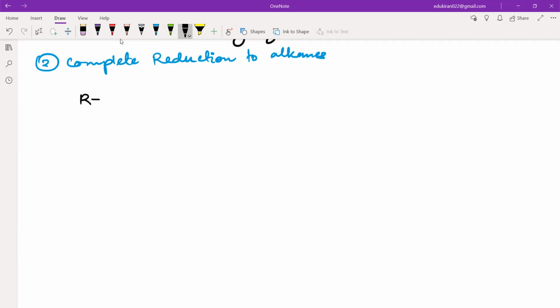We'll have RCOOH with hydrogen iodide, which is a very strong reducing agent, in the presence of red phosphorus at around 200 degrees Celsius, that is 473 Kelvin.